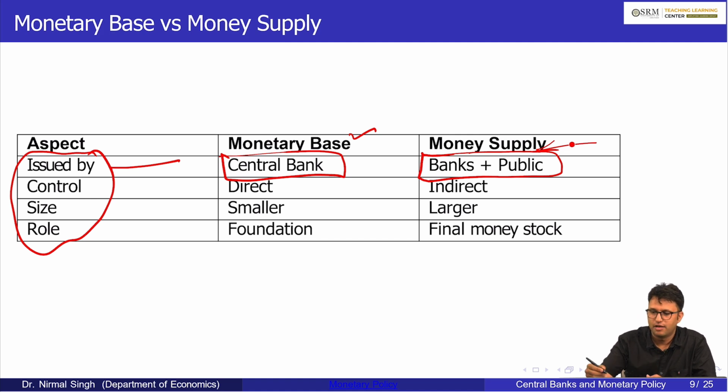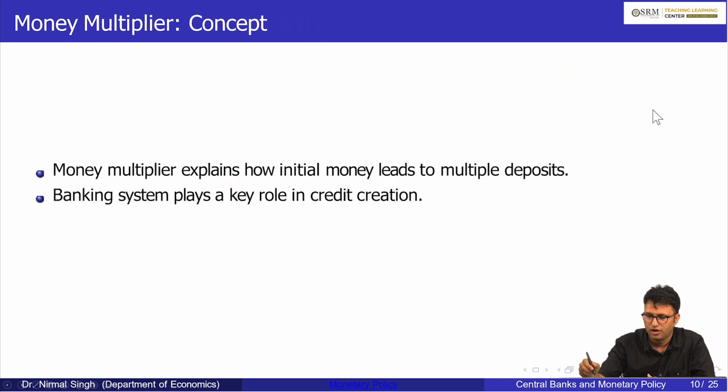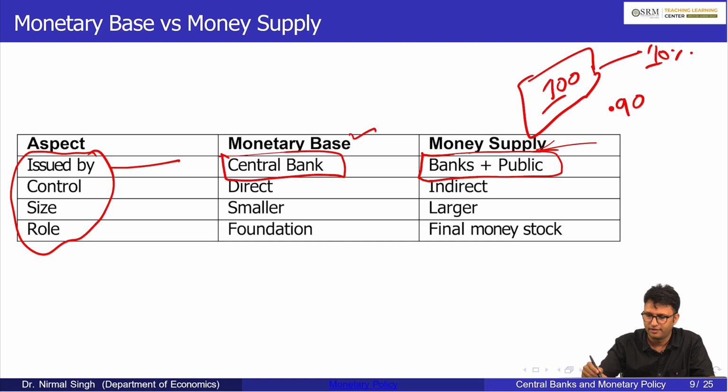I will give you one example. Say, for example, the commercial banks got 100 rupees as a deposit. Say the reserve requirement is 10%, then they will keep 10 rupees with themselves, and the rest of the money they can lend out to the general public. So they keep 10 rupees out of that, and 90 rupees they can lend.